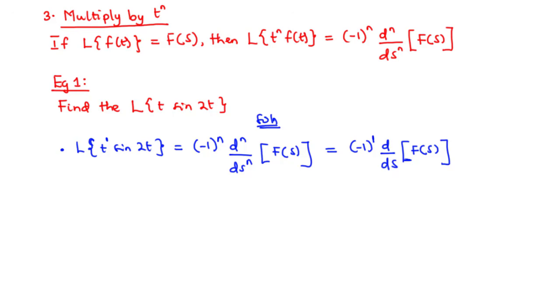So basically we are going to multiply the first derivative of F of s by negative 1. Now how do we find capital F of s? Now this F of s is nothing but the Laplace transform of the function f of t. So since this corresponds to t exponent n, and this corresponds to f of t, let's try to find the Laplace transform of f of t.